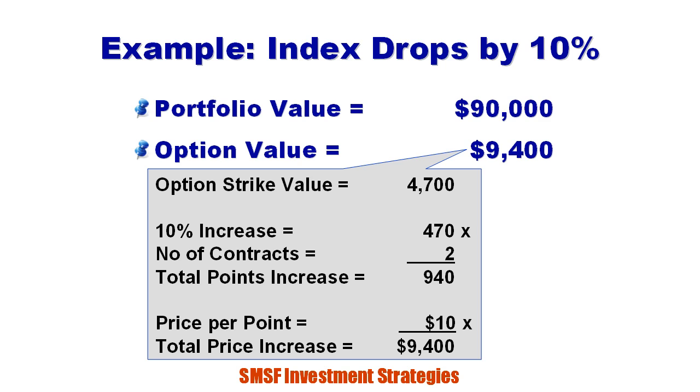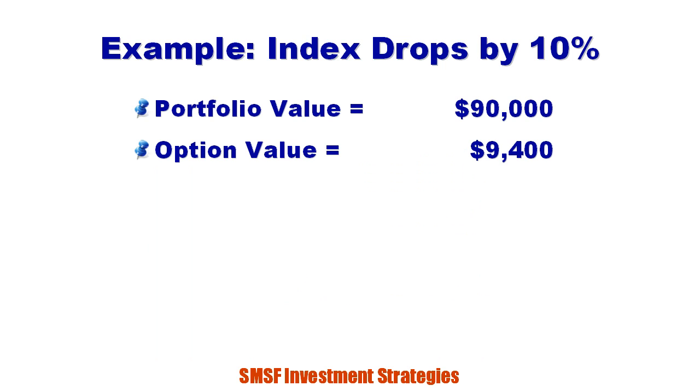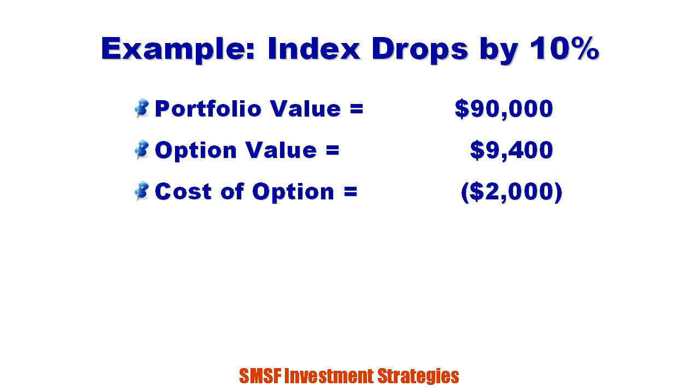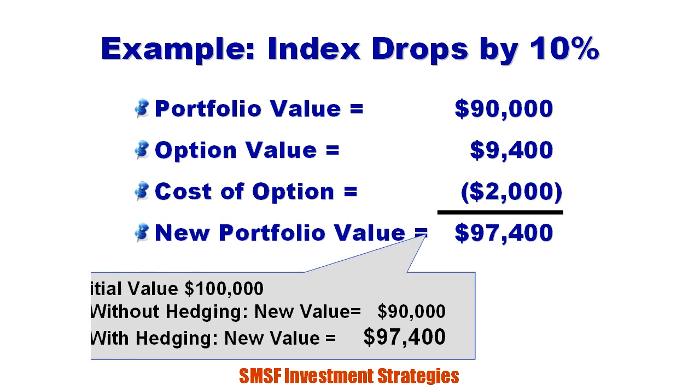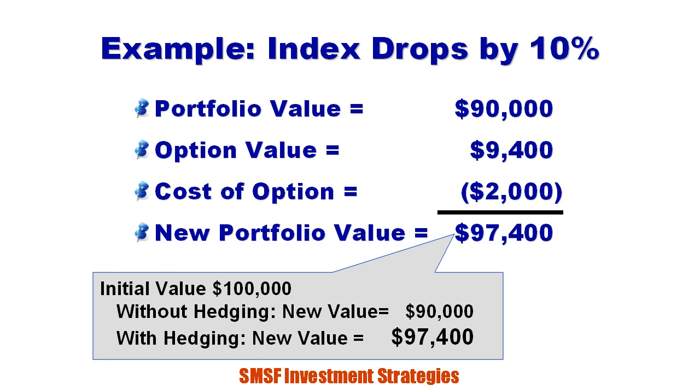In this example, we started with a strike value of 4,700 points, so a 10% increase times the 2 contracts we purchased will see a 940 point increase. At $10 per point, the options would be worth $9,400. If we subtract the cost of purchasing the 2 option contracts at $2,000, we have a new portfolio value of $97,400.